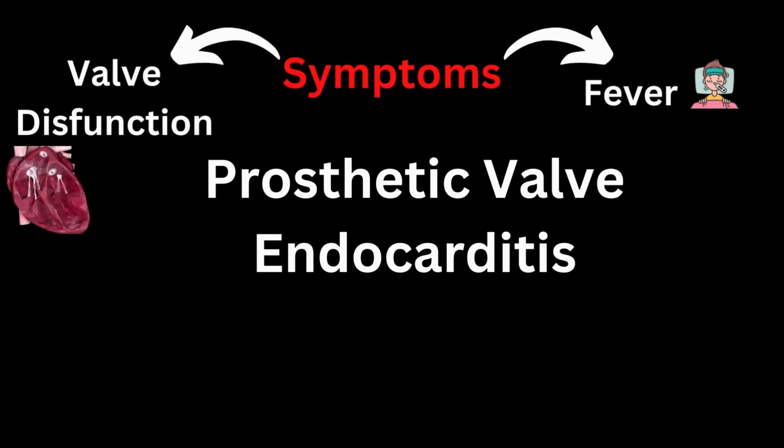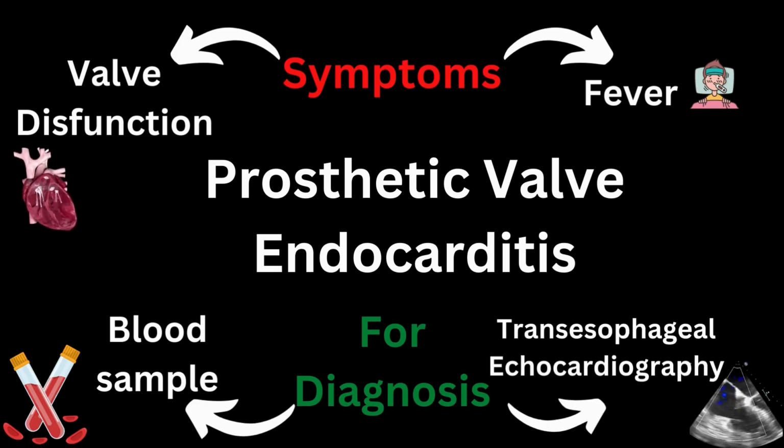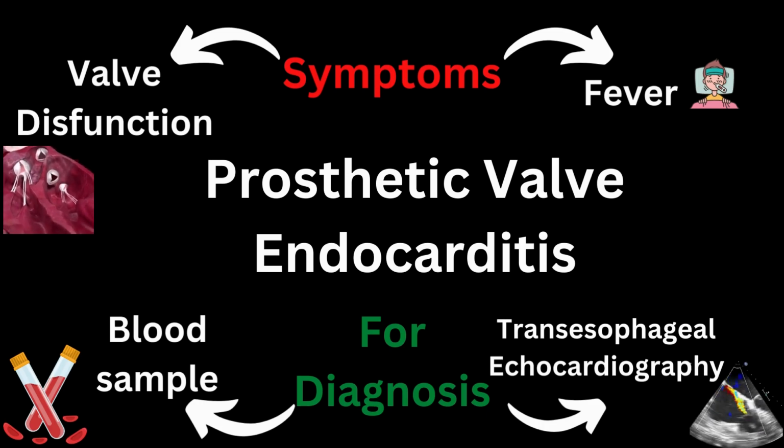In order to check, we can do a blood test wherein we'll find contamination of Staphylococcus epidermidis, but since Staphylococcus epidermidis is a common contaminant of blood cultures, it's better that we perform a transesophageal echocardiography. We will be able to figure out if there is any kind of growth of bacteria on the valves that have been put in.